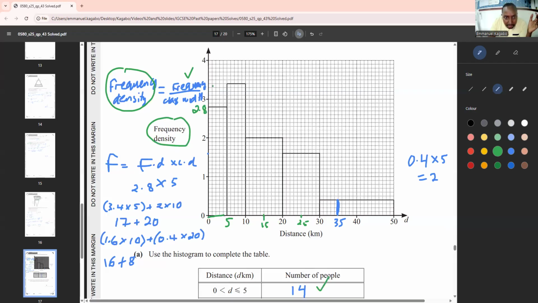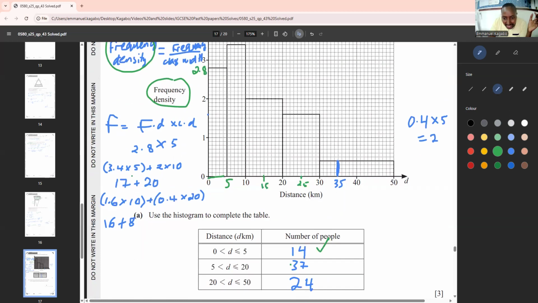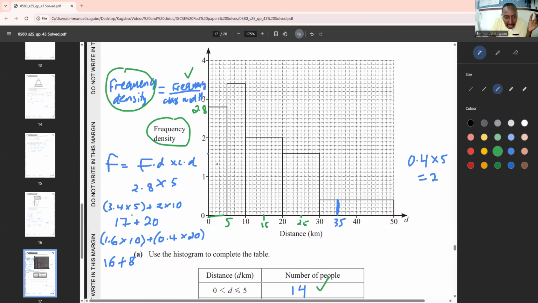Now, what about here? This is 3.1, 2, 3, 4. It is 3.4 times the class width, which is 5, that is 10 minus 5. That's where I'm getting 5 from. But when you check, they combine all the way to 20. So for this one only, it will be 3.4 times 5. What about all the way to 20? Again, it will be 2 times 10.